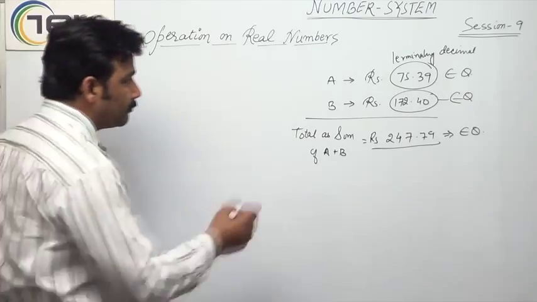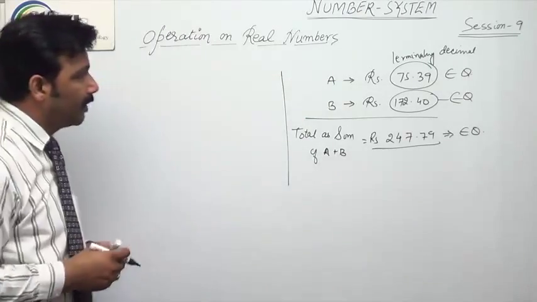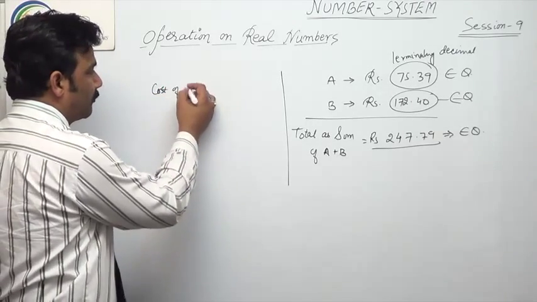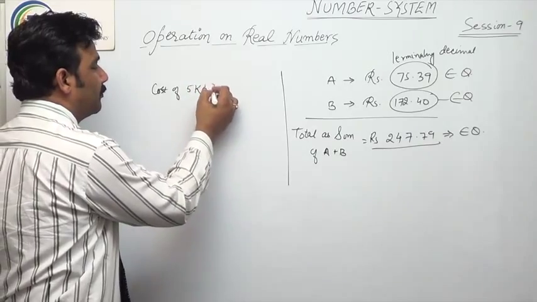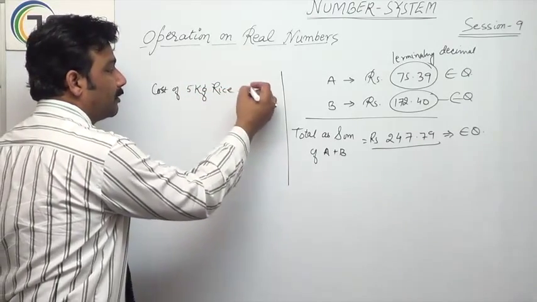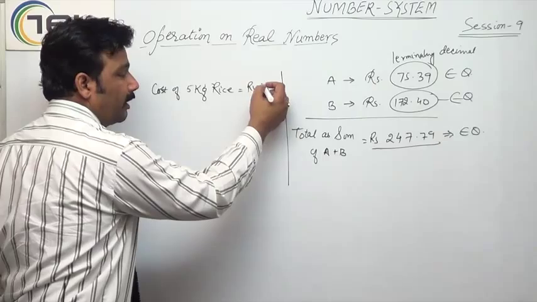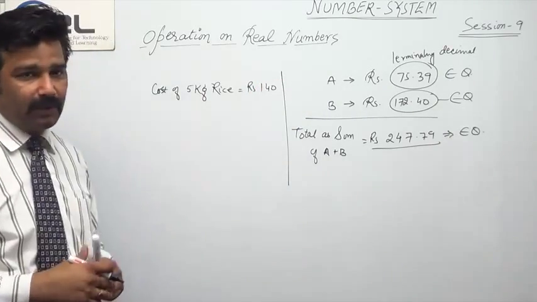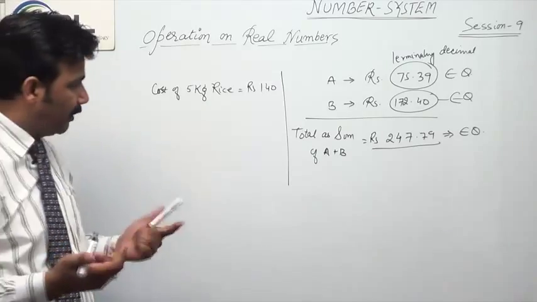Also, if the cost of 5 kg rice is 140 rupees, what is the cost of 1 kg? What do you do?